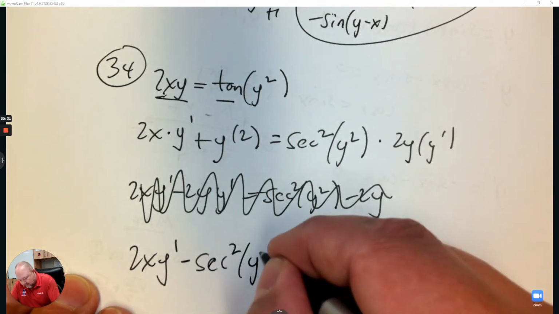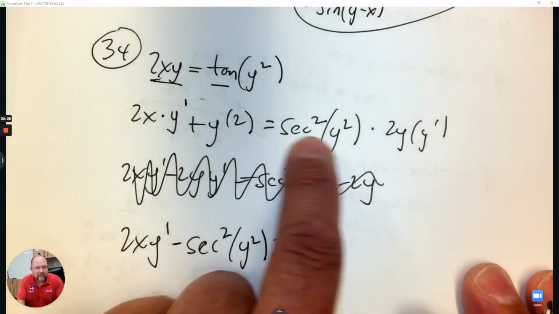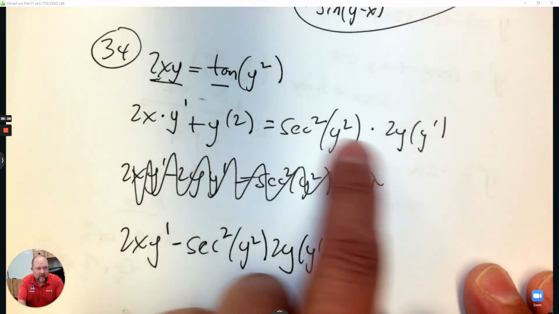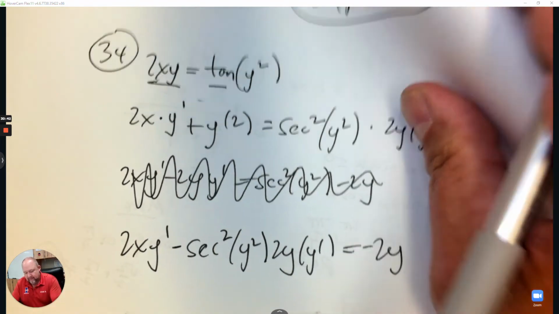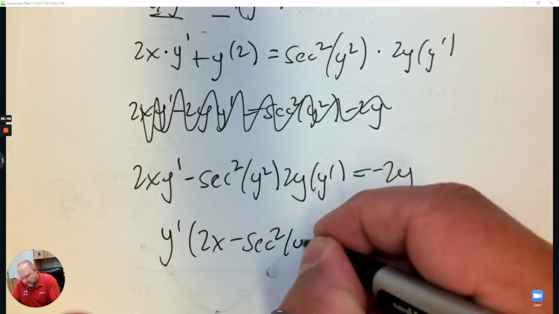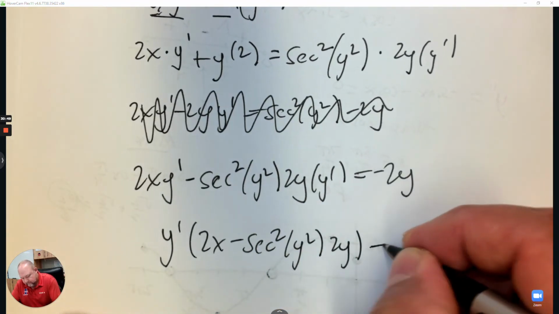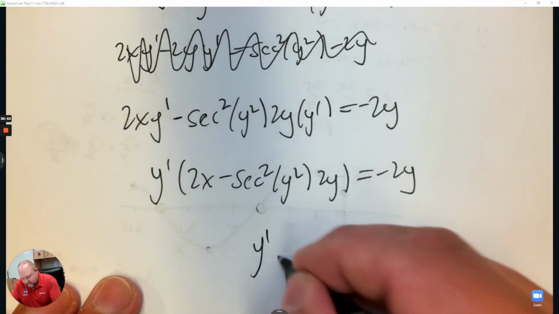Secant squared y squared, 2y y prime. All of this is one term with a y prime in it, so all of it gets subtracted. The 2y is on the other side. Then I factor out a y prime. Don't be discouraged the way it looks. And then the last step is to divide.